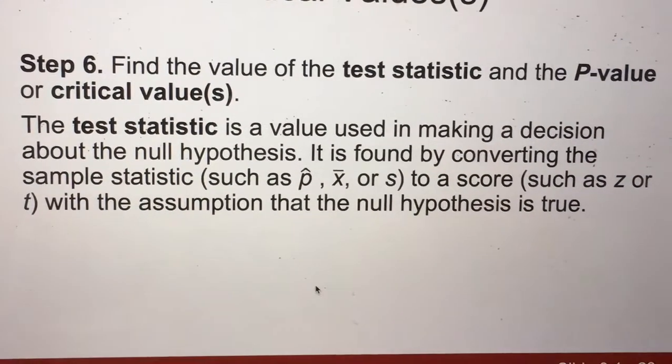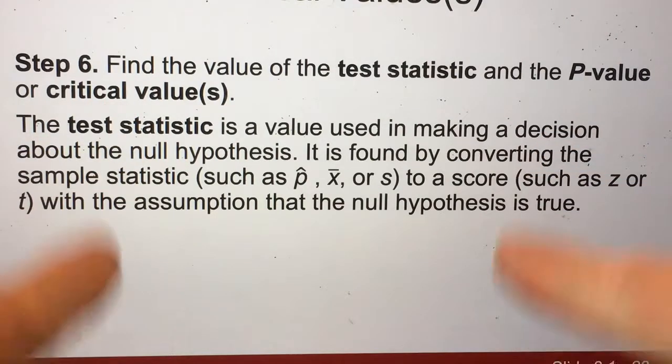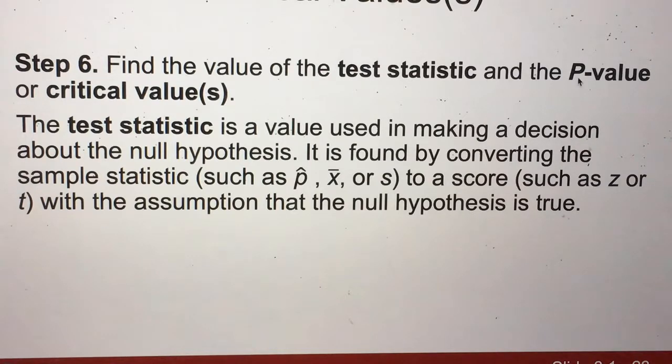We're going to find the value of the test statistic and the p-value or the critical values. Remember, the slide went down two different decision paradigms there. So find the test statistic and the p-value, or the test statistic and the critical values, and we'll talk more about those. Remember, this is your overview of all of hypothesis testing.